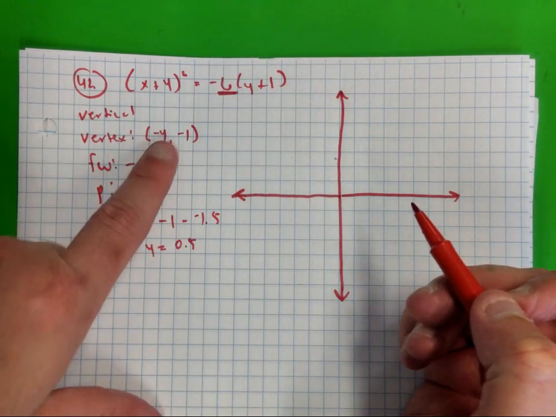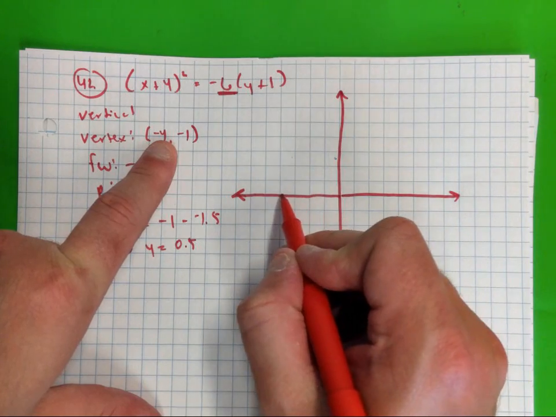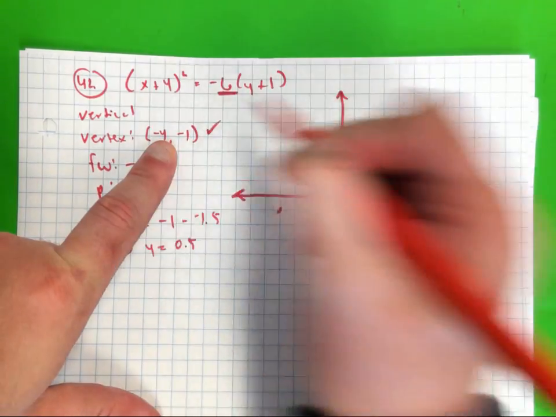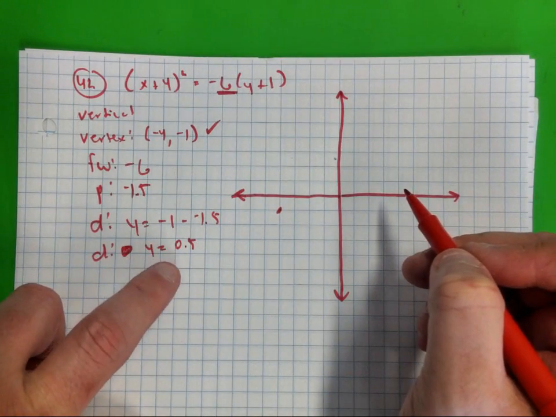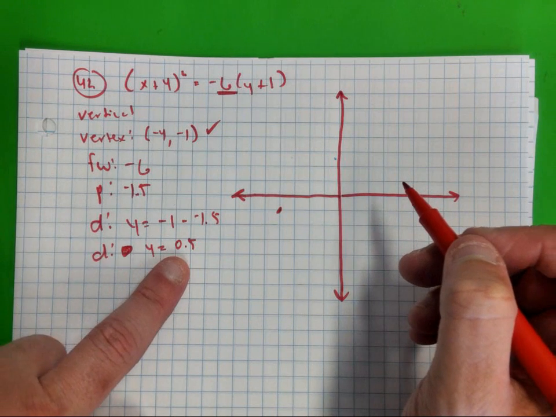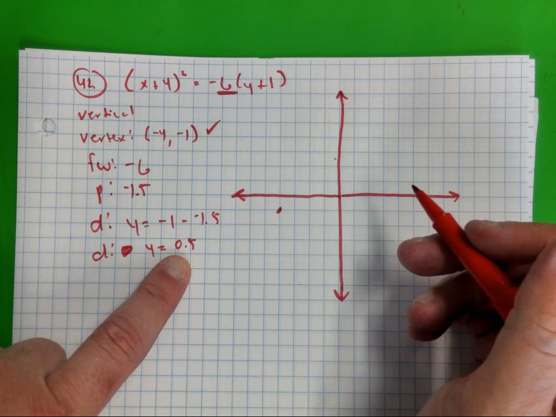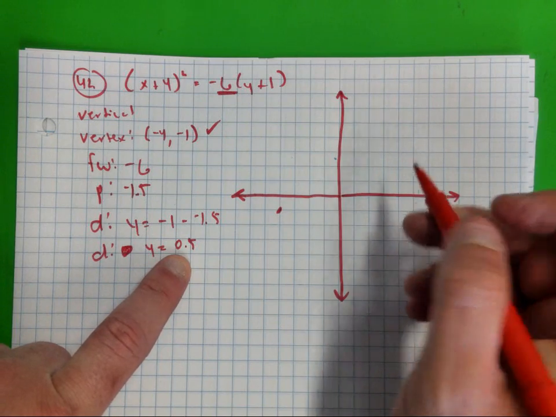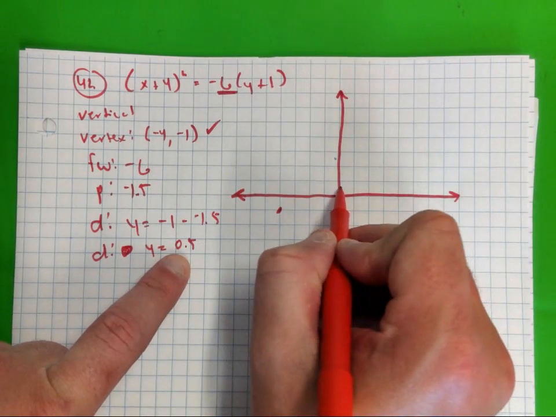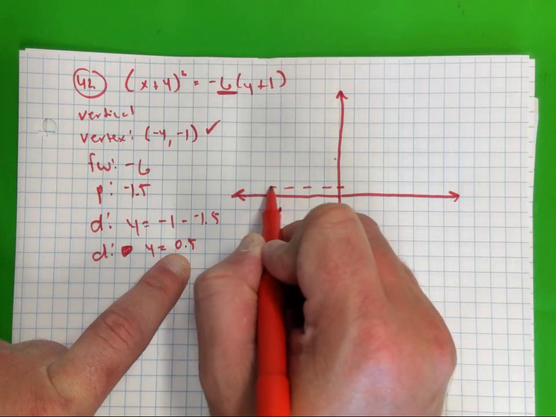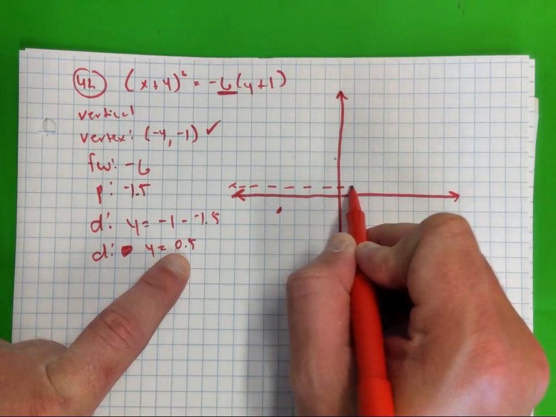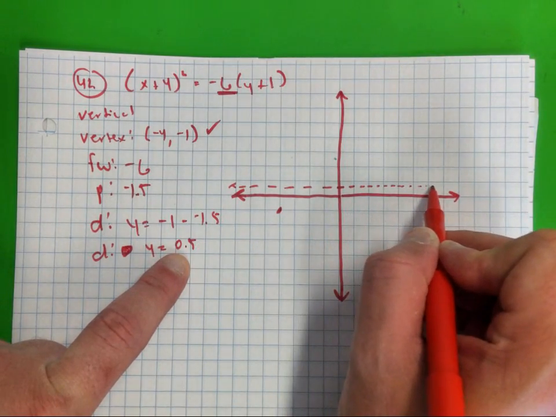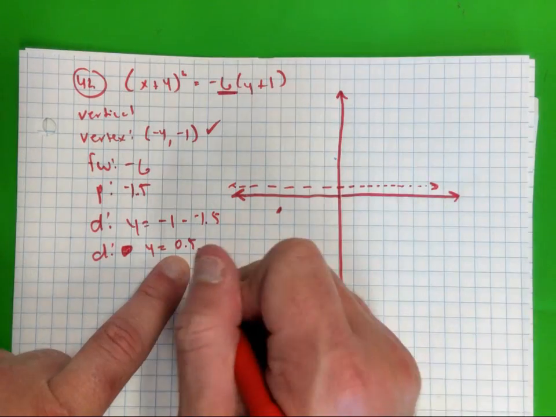All right, I'm going to graph my vertex first, -4, -1. Check. Then I'm going to graph my directrix, y equals 0.5. So that's going to be a horizontal line. Check.